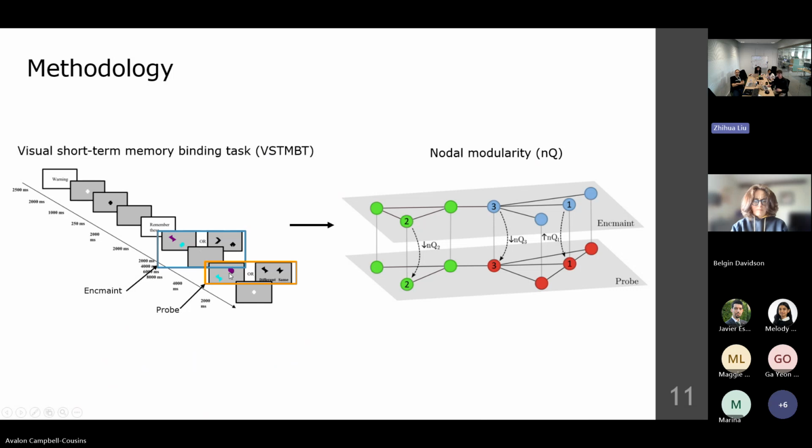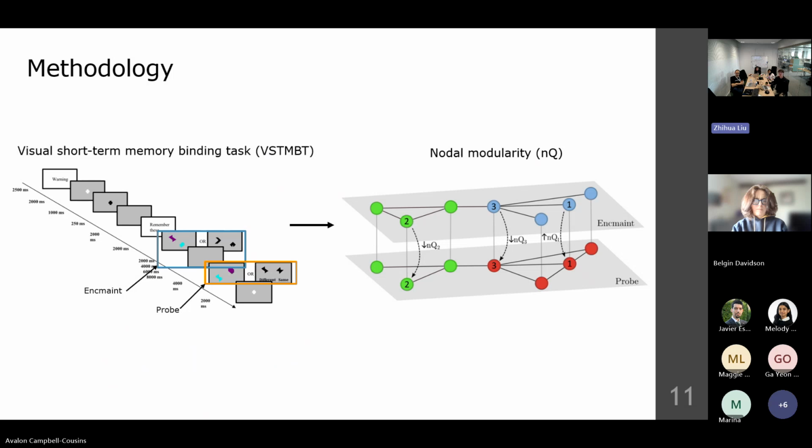And then the probe phase, which is that sort of recall step where they have to answer whether or not the colored shapes or the non-colored shapes have changed. We put this into a 2-layer network, a multiplex network, and we can track, when we're calculating nodal modularity, how that changes in the 2 separate time windows that represent the 2 phases of our task.